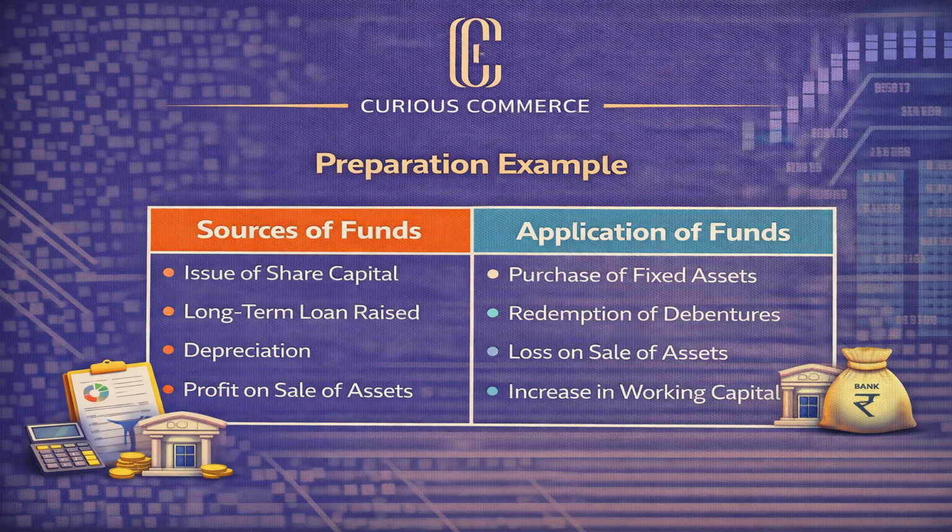The sources of funds include fund from operations, issue of shares, issue of debentures, long-term loans raised, sale of fixed assets, and decrease in working capital. The application side includes purchase of fixed assets, redemption of debentures, repayment of long-term loans, payment of dividend, payment of tax, and increase in working capital.